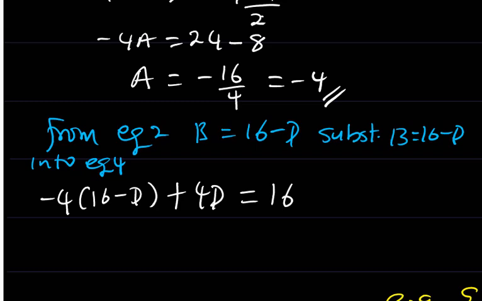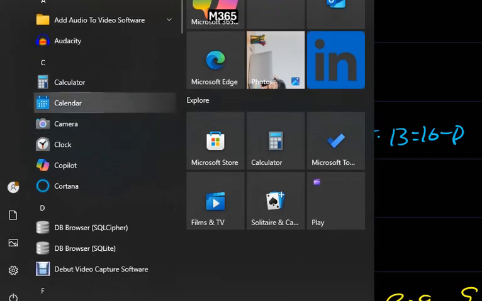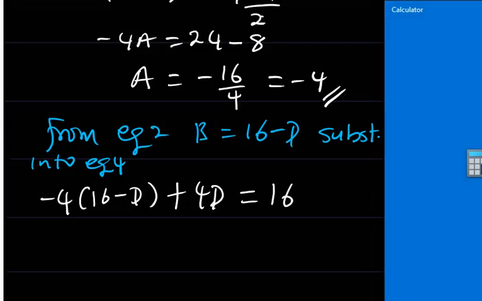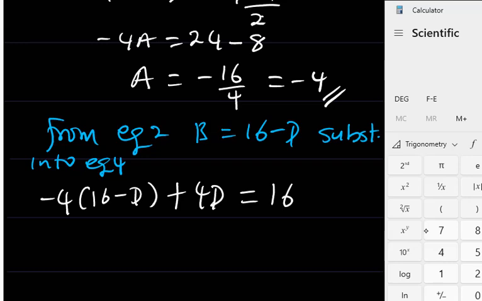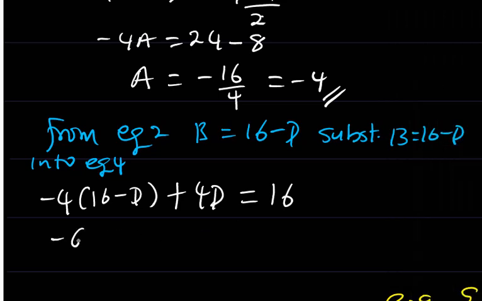4 times 16 is 64. Am I mistaken? Let me find out. 4 times 16, 64. Here I'm having minus 64 minus 4D plus 4D. Plus 4D is equal to 16.